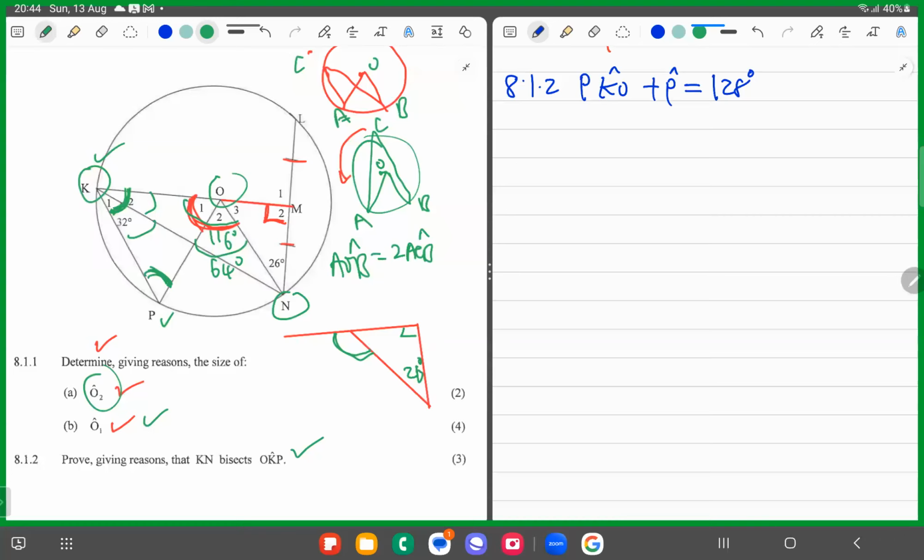Because we already got angle O1 to be 52 degrees, so you already know that this one is 52 degrees. So which means you have the sum of angles in a triangle.